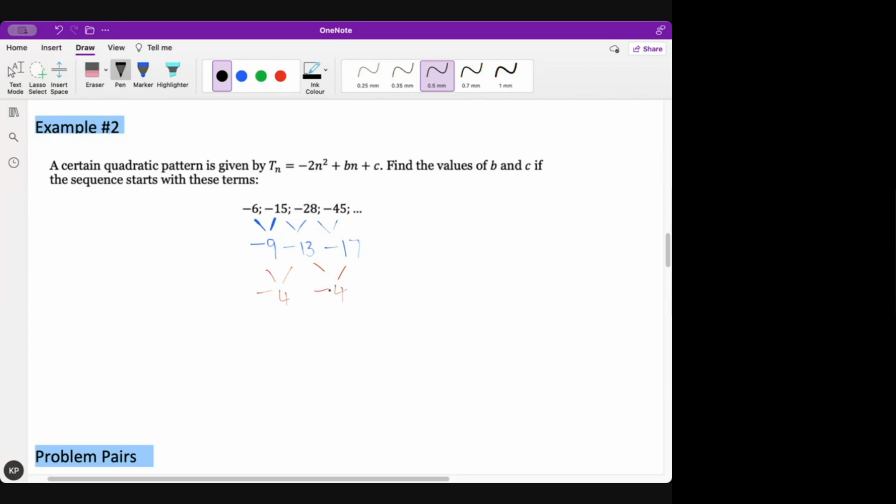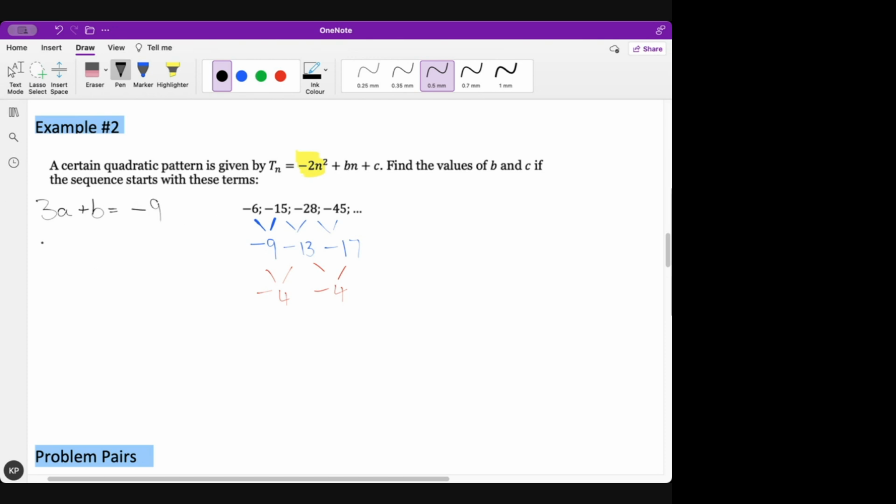Great. We don't have to do the whole 2a story because they already told us what a is. Okay, it's in the formula. A is over there. But we can say 3a plus b is equal to what? Negative 9. Nice, Edith, because that's my first difference.